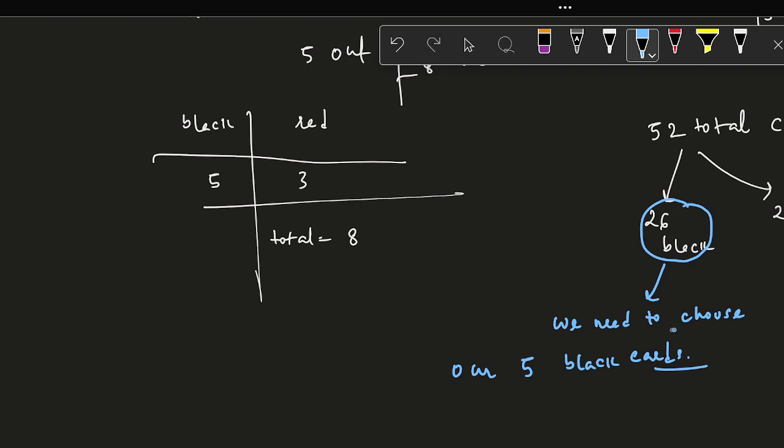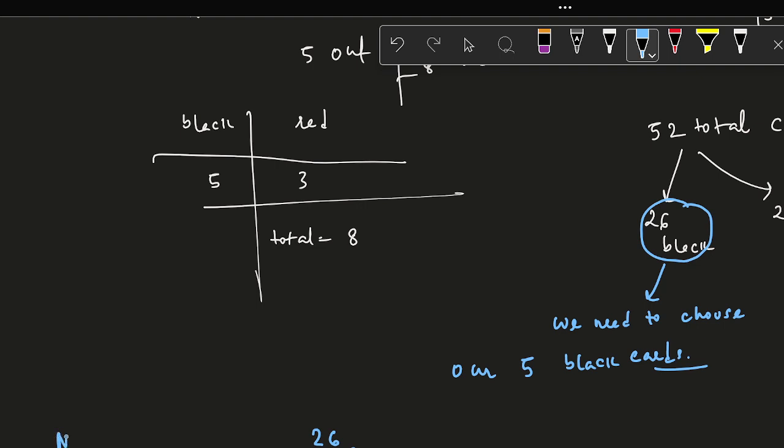So first, it is a permutation combination problem. We have solved these kinds of problems in our 11, 12, I think. So the similar trick applied here, that out of 26 cards you have to choose 5 cards. How many ways are possible? 26C5.